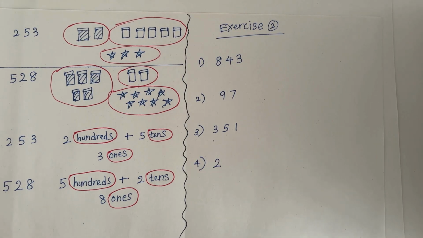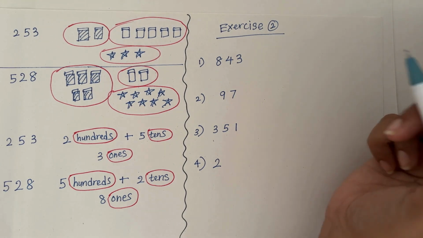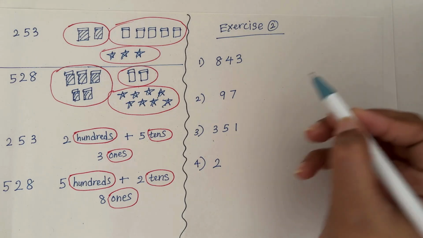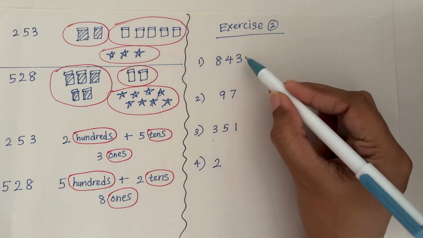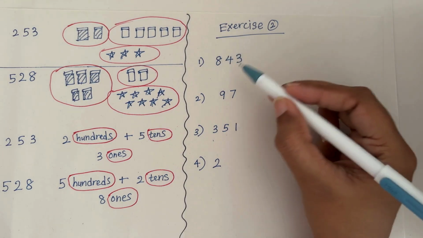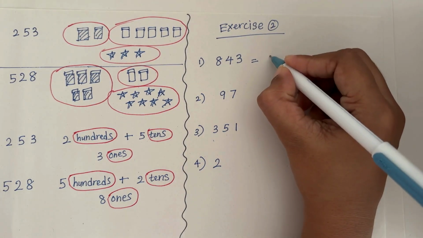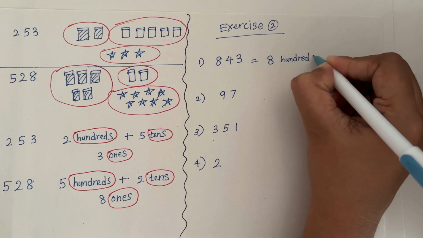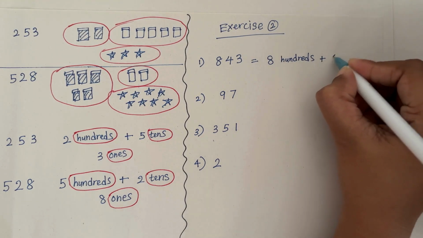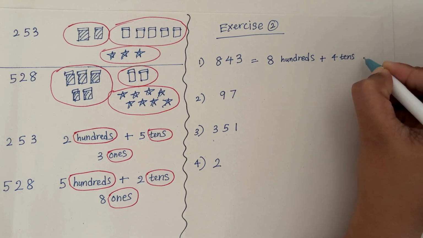So now let's move on to our exercise 2. In this exercise, you have numbers. You have to represent them as ones, tens and hundreds. Okay, I will do the first one. Here we have 8 hundreds, 4 tens and 3 ones.